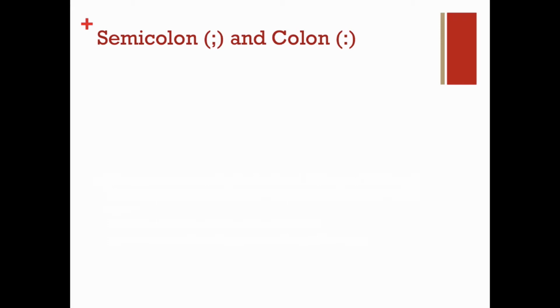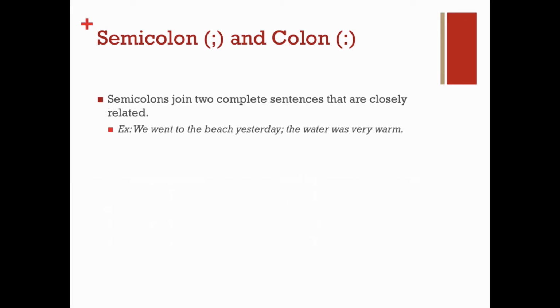The semicolon and the colon. Semicolons join two complete sentences that are closely related. So if you have two sentences that are both complete and closely related, you can choose to separate them with a semicolon rather than separating them with a period. Example: "We went to the beach yesterday; the water was warm."